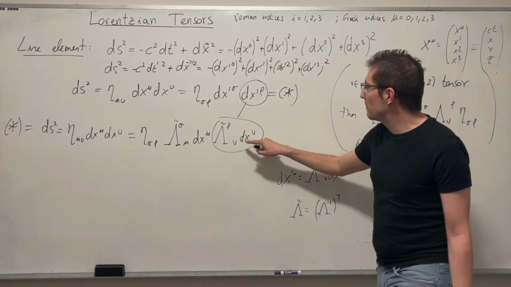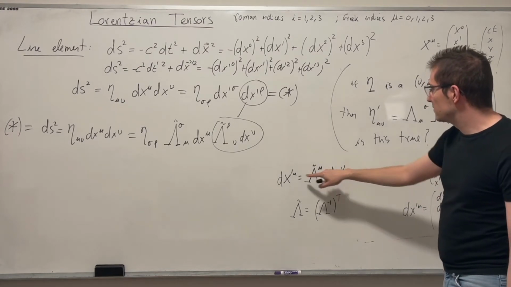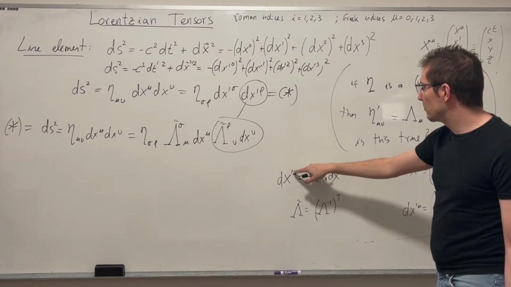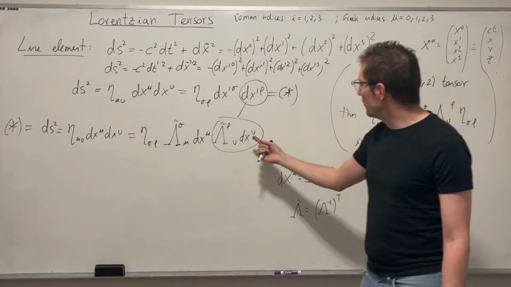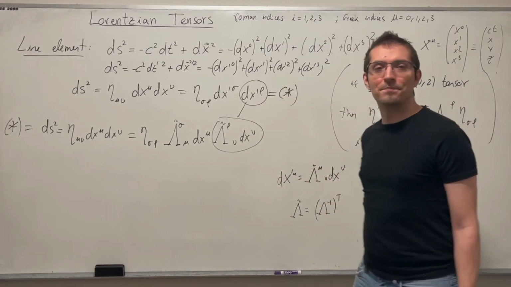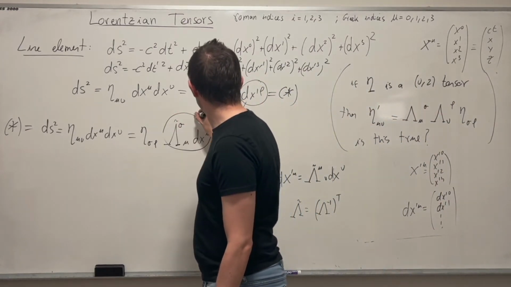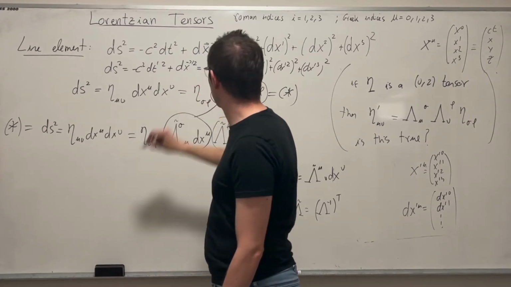The transform, applying the lambda tilde to dx nu gives me dx prime mu. And that's what I have here. Applying the lambda tilde to dx nu, I get dx prime rho. And same thing for this one. This is the same thing.